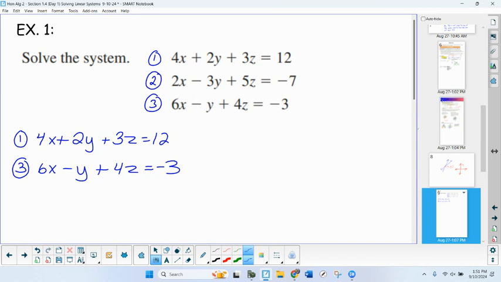So just like we did when we did elimination at the beginning of the year, we need to make the opposites. What's the opposite of 2y? So what would you multiply this equation by, Michaela, to get them opposites? 2. All right, so I'm going to bring this one over.